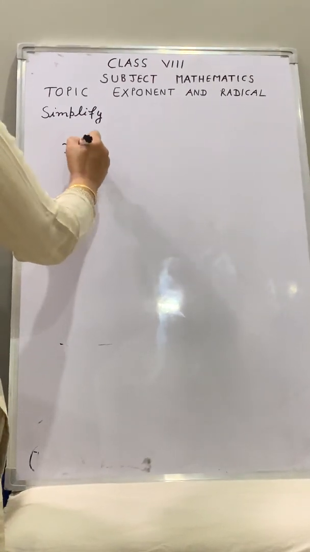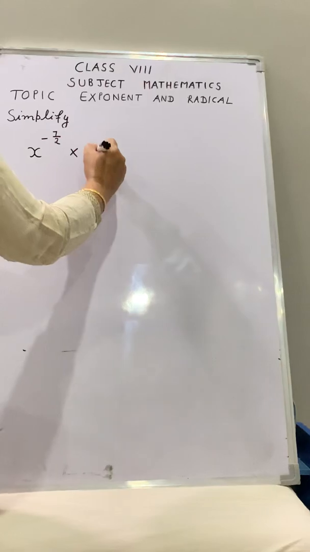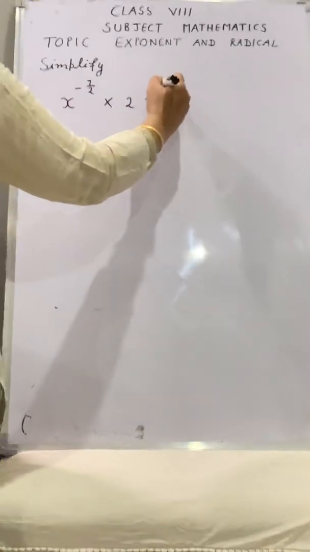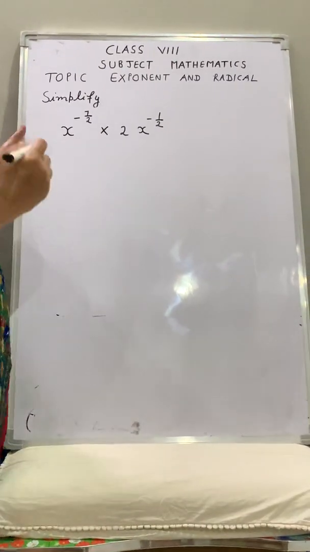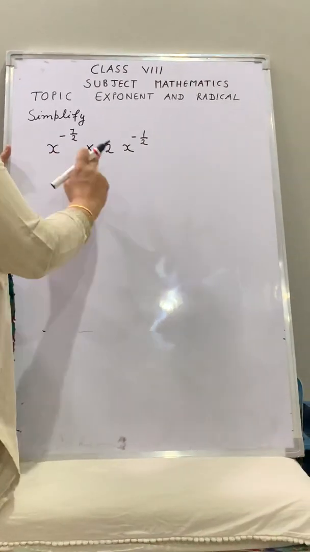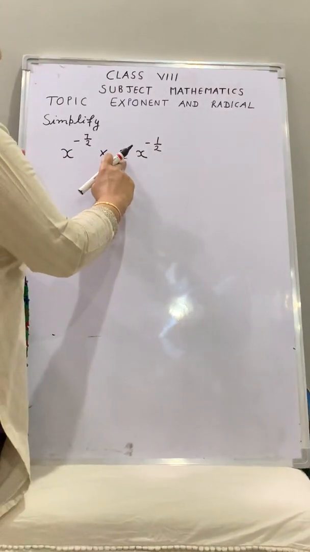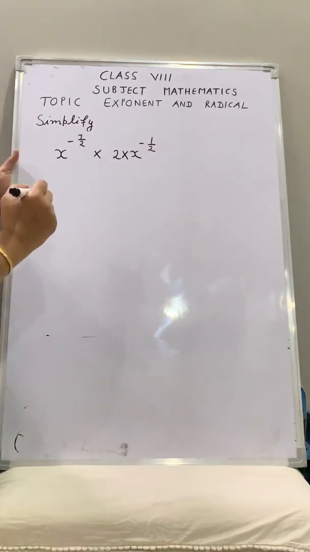x raised to power minus 7 by 2 multiplied by 2 x raised to power minus 1 by 2. How do we simplify it? It is x, it is 2 multiplied by x. We can write the multiply sign here.